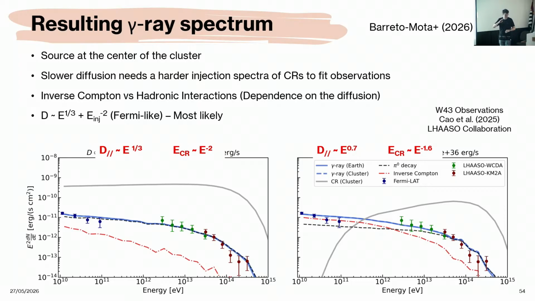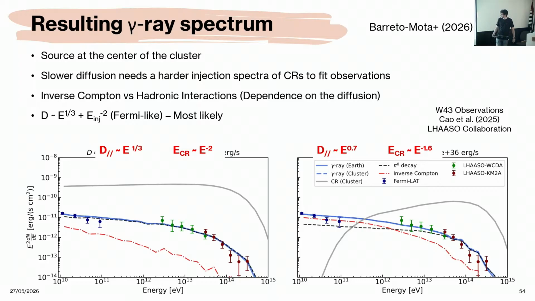injection of cosmic rays to reproduce the same spectra, which shows us two things. This right one seems less likely, but we can actually reproduce with more than one parameter. So we have a degeneracy there that we need to go into a bit more detail in the future. But well, this is a problem for future me. But right now what we see is that the diffusion seems to be well explained by the E^1/3 with the injection to E^-2.